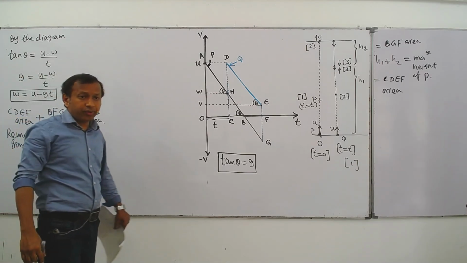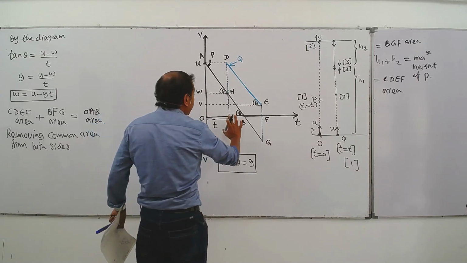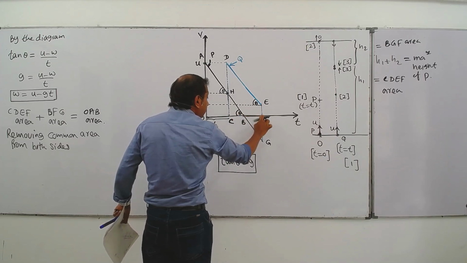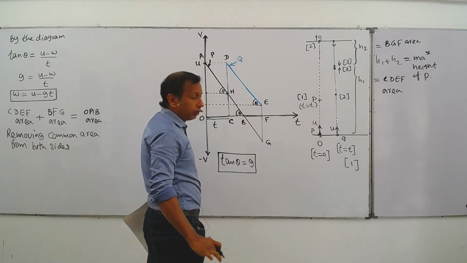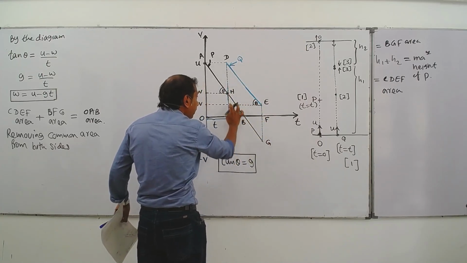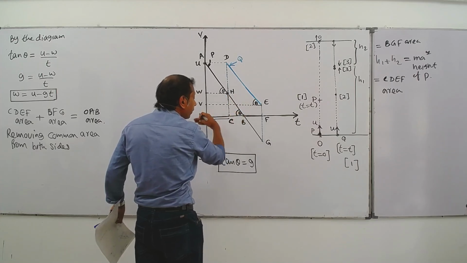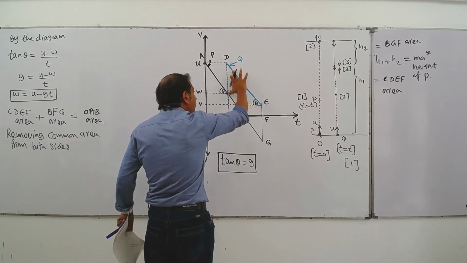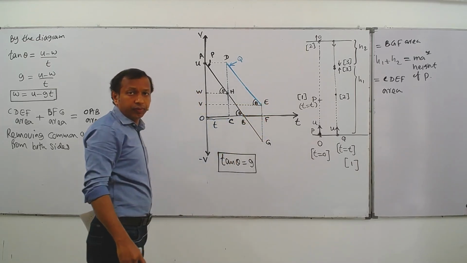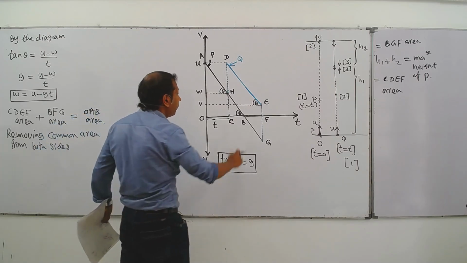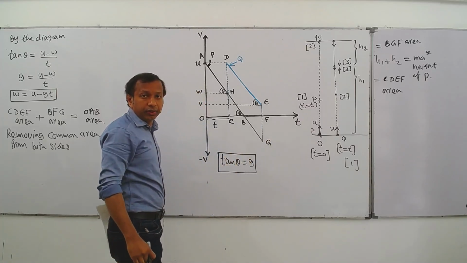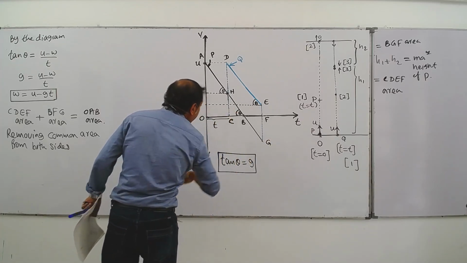Right. In the left hand side, this whole trapezium plus this triangle. That means we get this trapezium and this part. From that we remove this part. Then we get only this part plus this. Right? That means HDEG. We get, once you remove this common area from both sides.